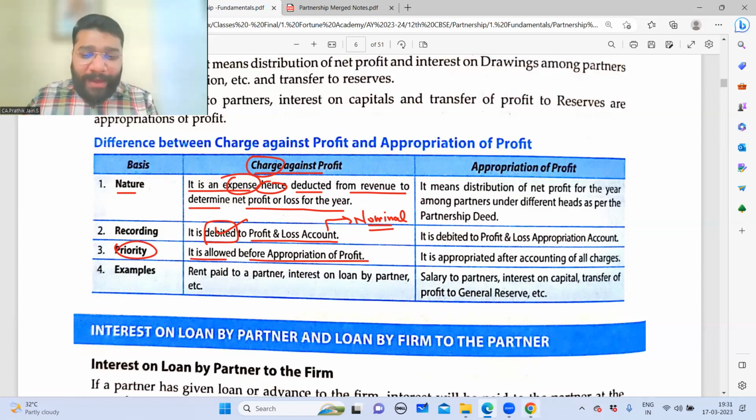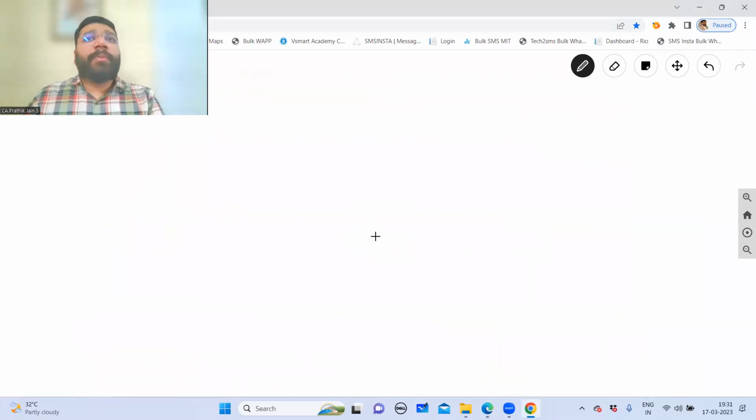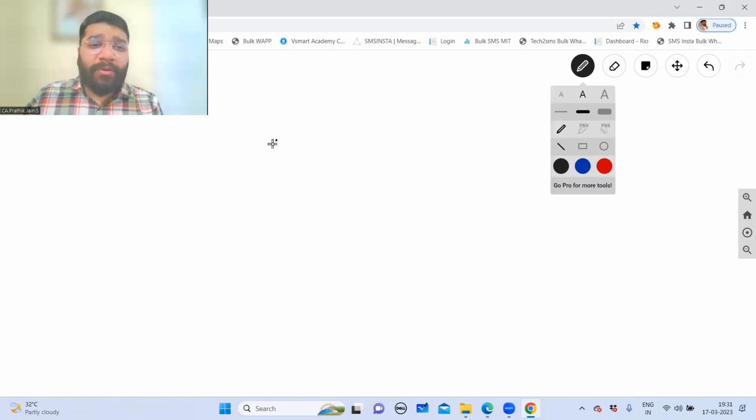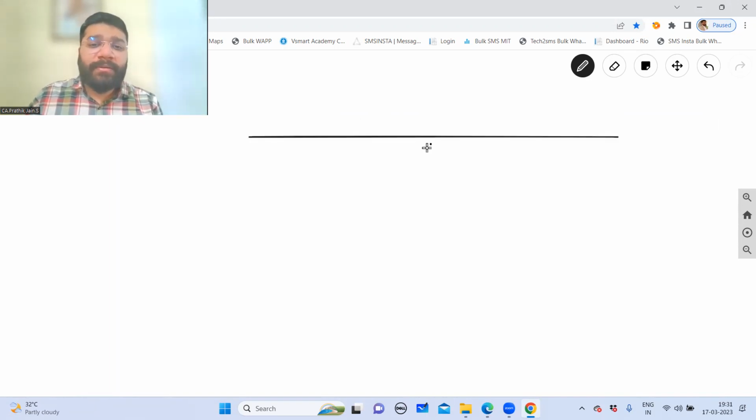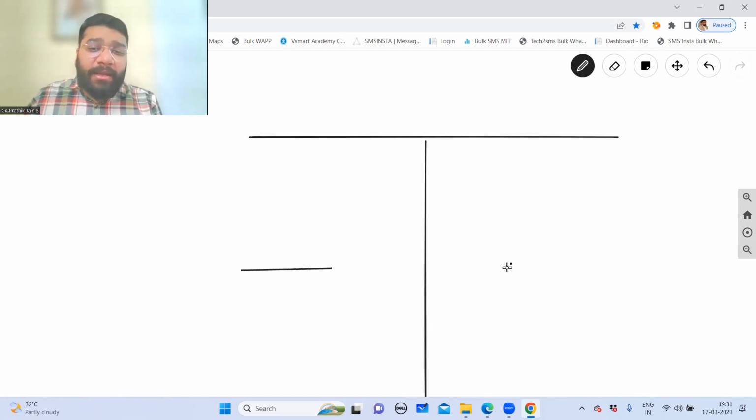Now I'll just give you a rough idea. Once upon a time, when you studied 11th standard, we prepared financial statements. Under financial statements, what is the first document? Trading and P&L account is the first document. The second document is the balance sheet. Trading and P&L had 2 parts.